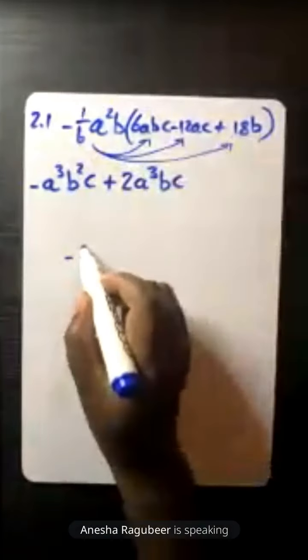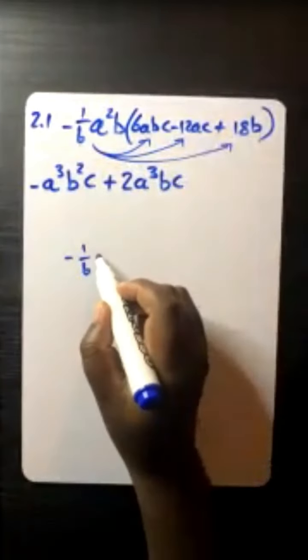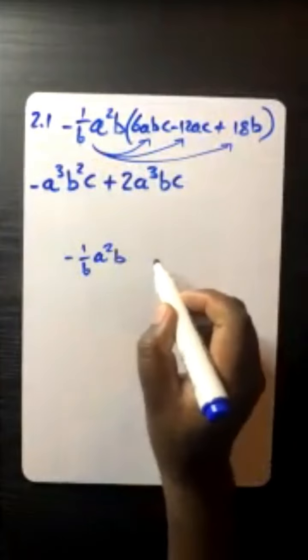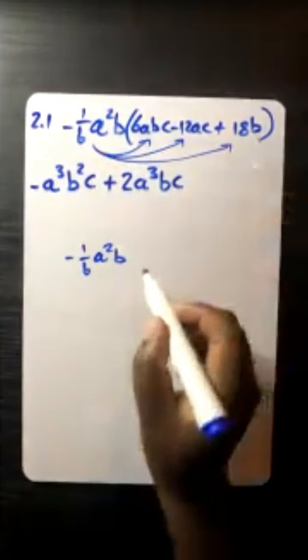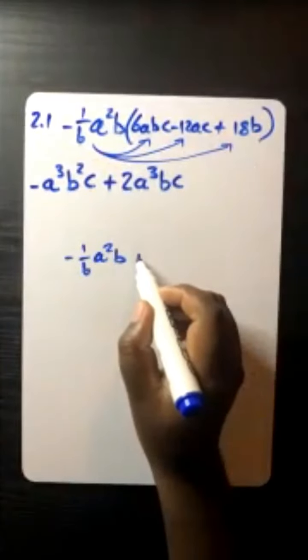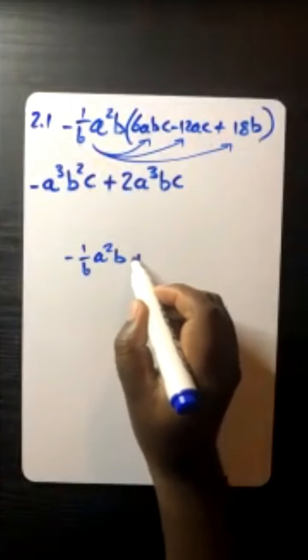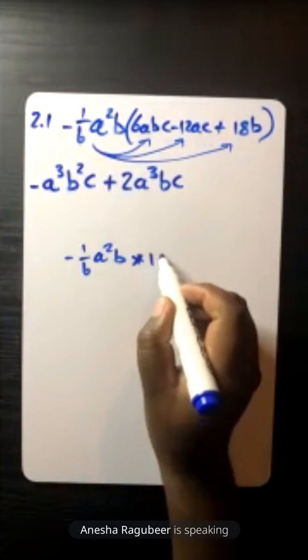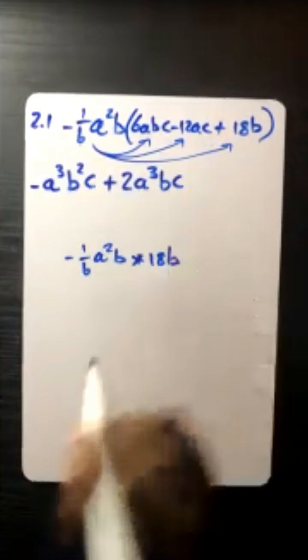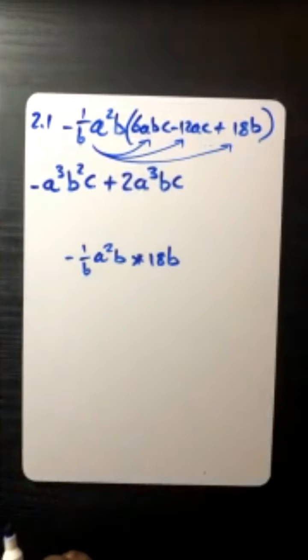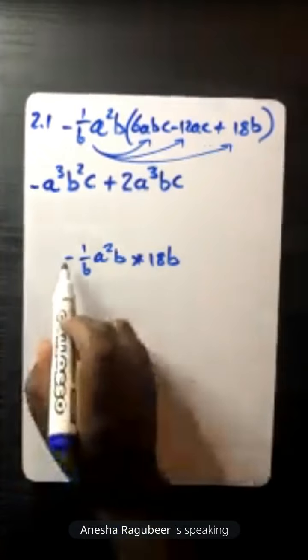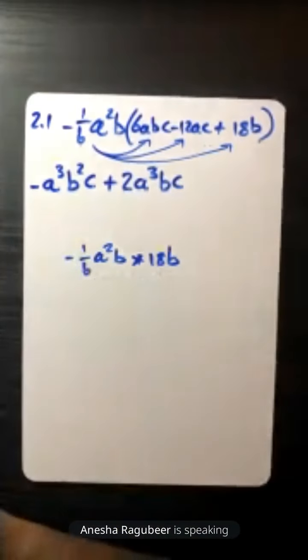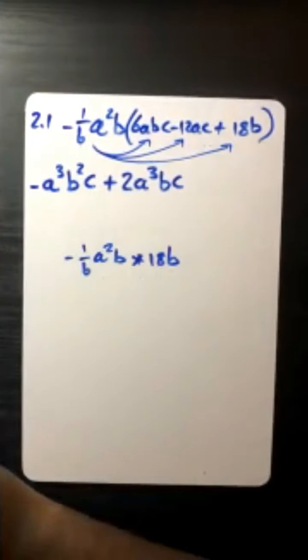So obviously it's negative 1 over 6 a squared b multiplied by, what is it? It's positive 18b. Yes, sir. So what is negative 1 over 6 multiplied by 18? Negative 3.